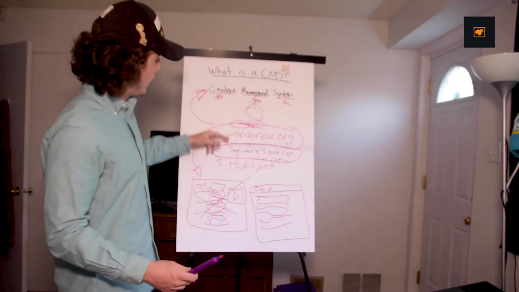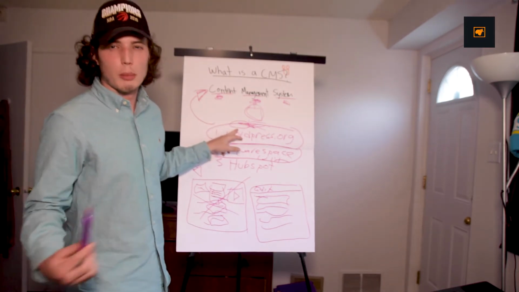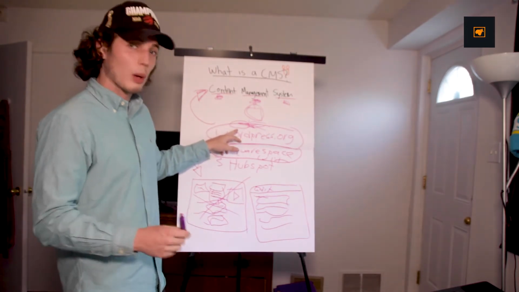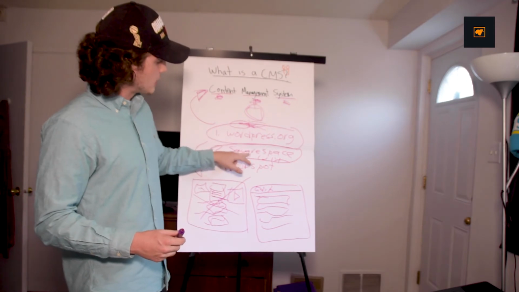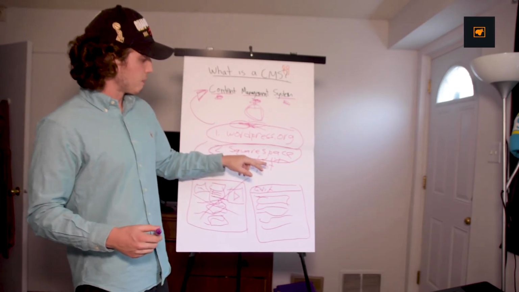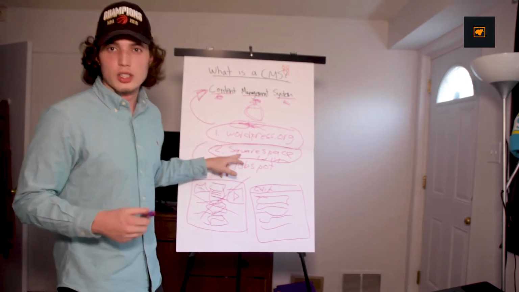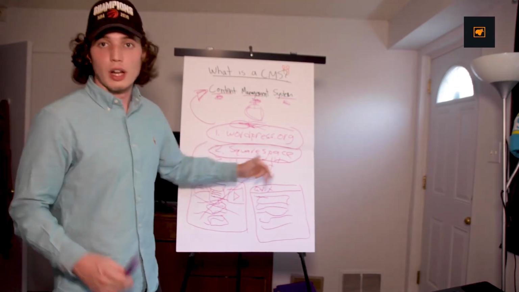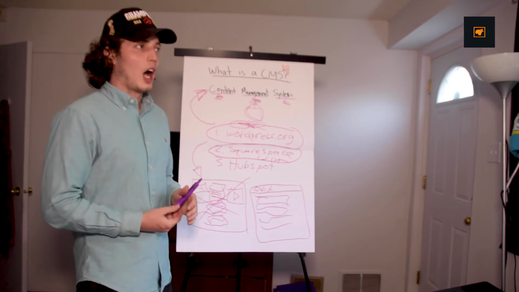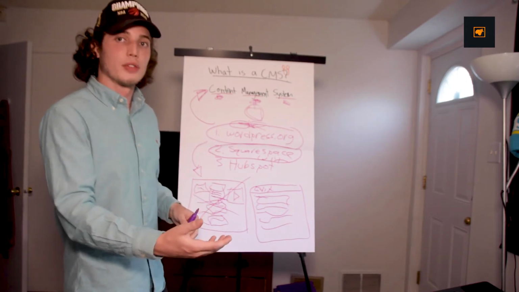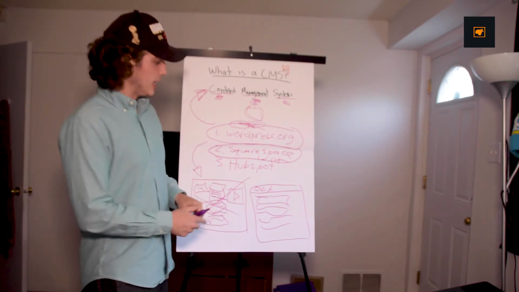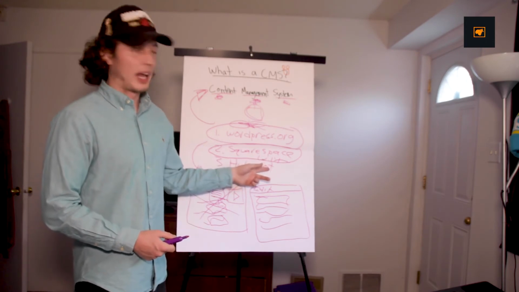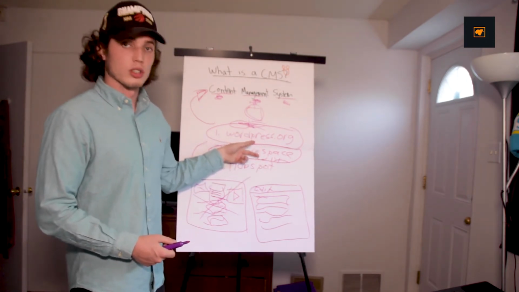Think of it this way: WordPress.org is more of a CMS for coders and web designers, whereas Squarespace and Wix are for a do-it-yourself type of project. Although I use Wix to develop my websites, just because I find when I hand off the site to my clients, that is going to be easier for them to manage rather than a WordPress.org site.